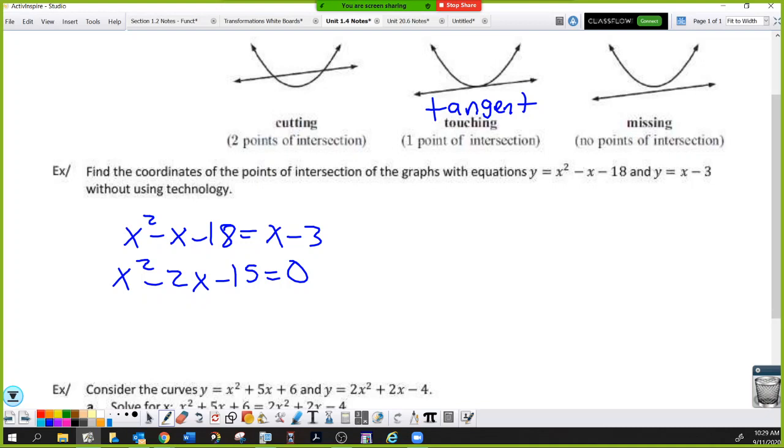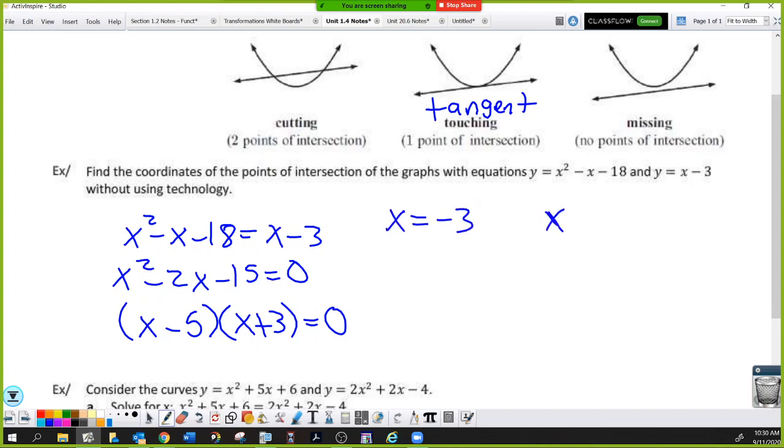It's going to be negative 5 and positive 3. So we have two solutions. We have one, and I'm going to list them from small to big, when x is negative 3, and we have one when x is positive 5.